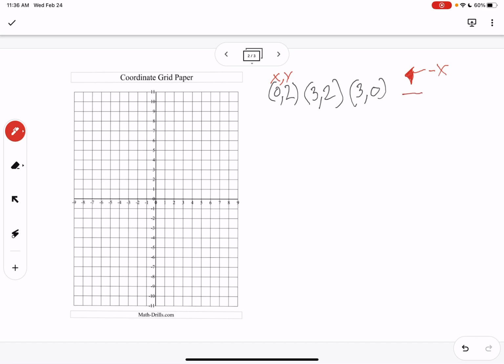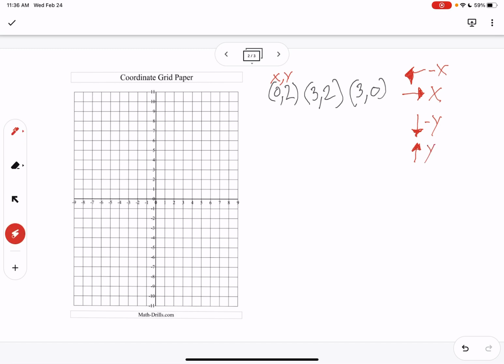If we're moving to the right, that means we have a positive X, a positive number. If it asks us to move the figure down, that means Y is negative. And if it asks us to move it up, that means Y is positive.